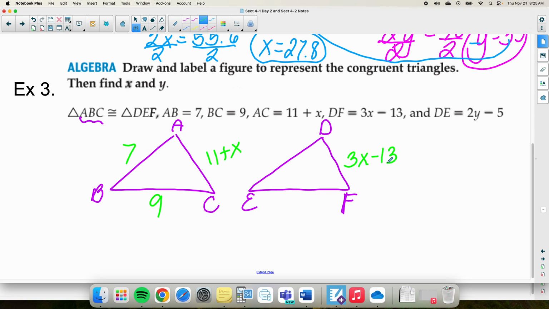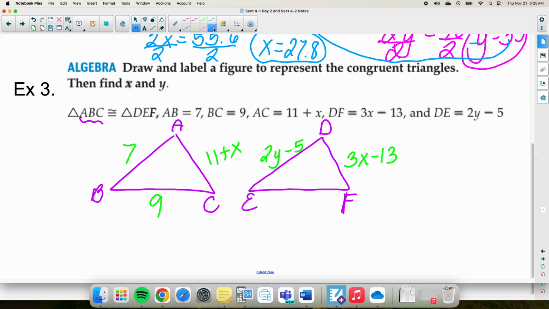And DE, right over here, is 2Y minus 5. Okay? Now, what we can do with this is look at it and try to find our X and our Y.